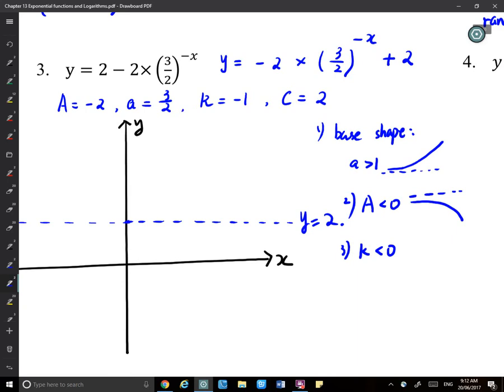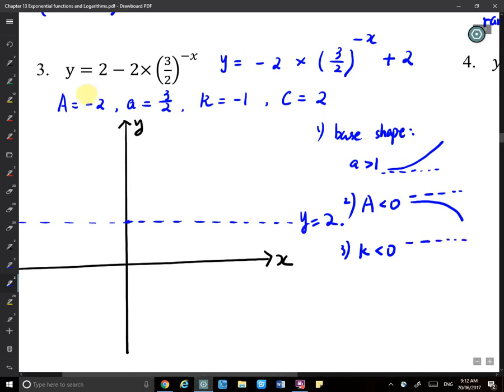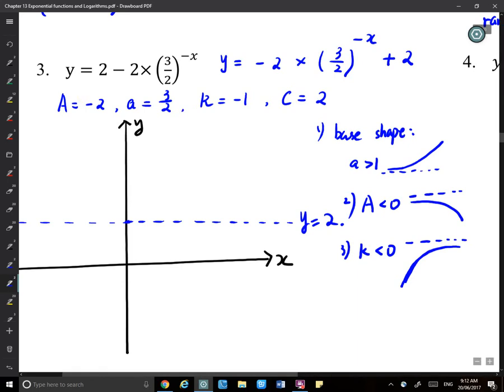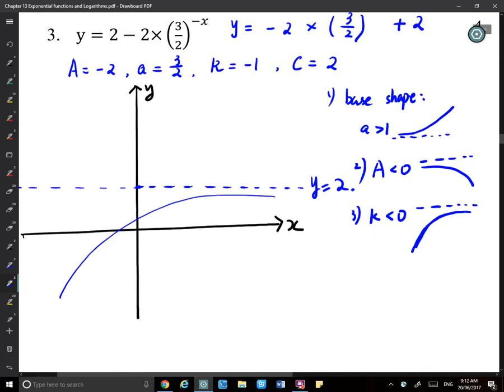Reflected again by the y-axis. So still below the asymptote, but in this way. Okay? So my shape of the graph is below the asymptote and it's an increasing graph. The graph must look somehow like this. Must be this shape.